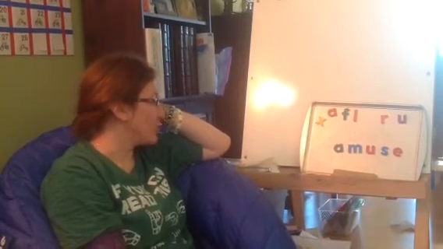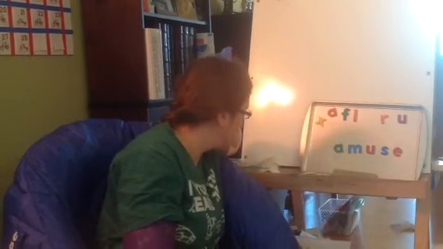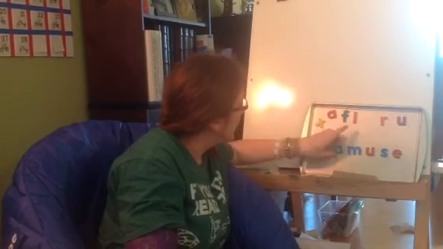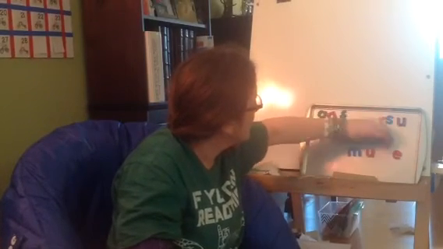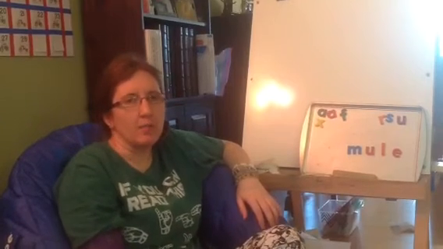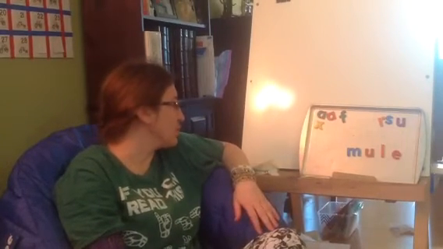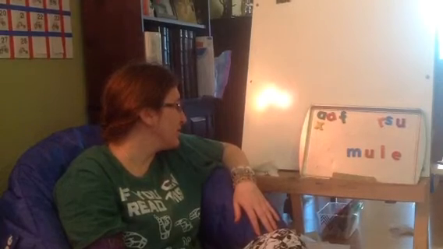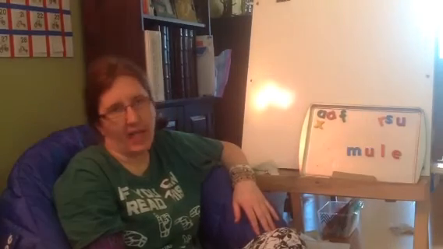If you don't have amuse, add that to the list. Then I'm going to get rid of my A and I'm going to switch my S for an L and make the word mule. A mule is the kind of animal that you could ride on if you needed to. Add mule to your list.